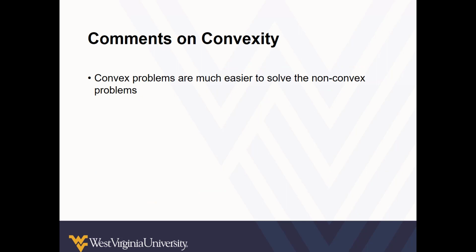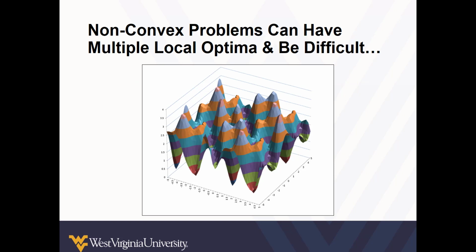Convex problems are much easier to solve than non-convex problems. This graphic sort of illustrates what a non-convex problem can look like, where you've got multiple local optimal values, and it is just a real challenge to solve. And it can take a lot of time and computing power to solve these problems.